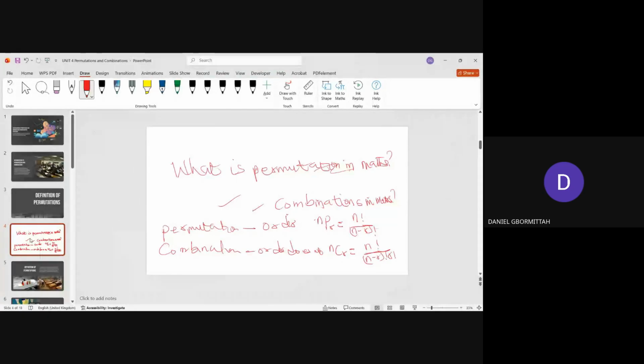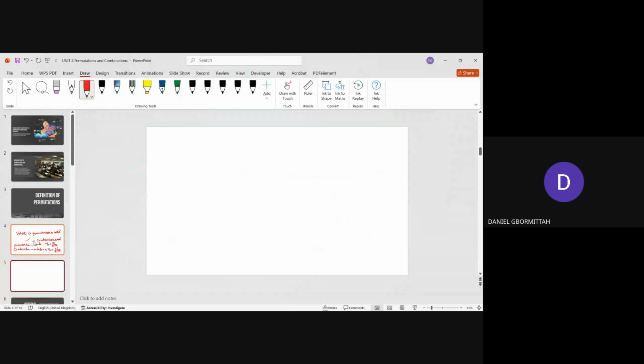You can get a question like this in secondary school. You can be given a problem like this, that is simplifying. So maybe you can take note of the following.